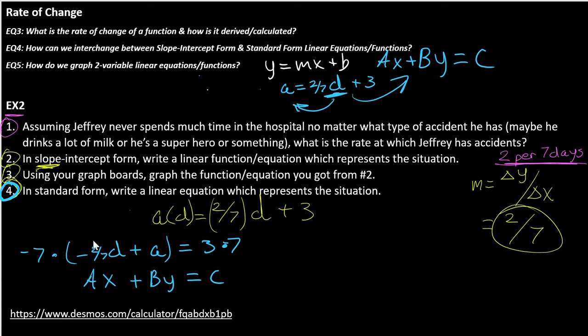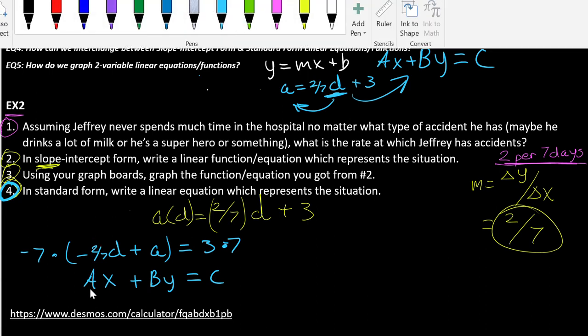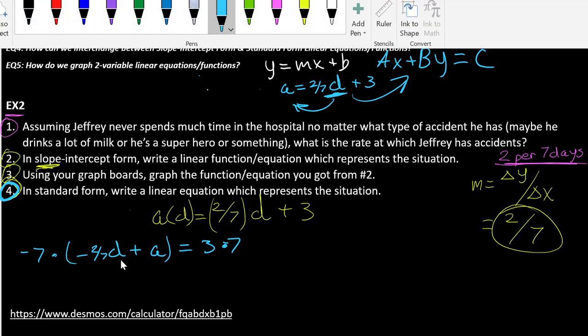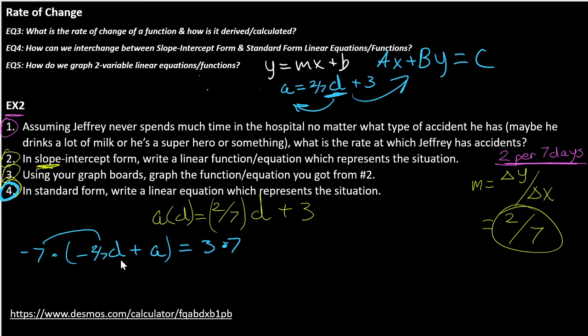So what that's going to become is, negative 7 times negative 2/7 d, well, that's going to become positive just 2d, minus 7a, right? And over here, I'm going to have equals negative 21. Okay, so that would be my equation here in standard form.